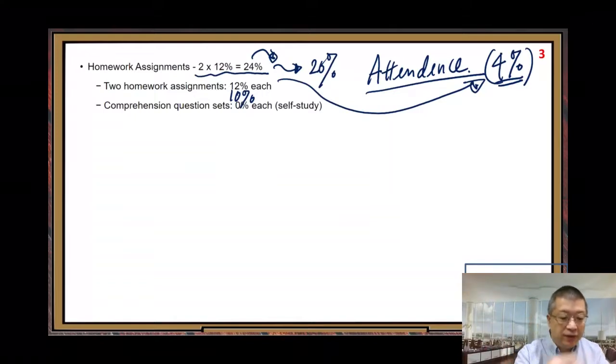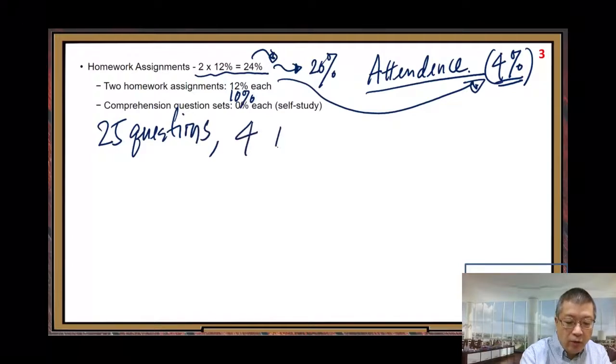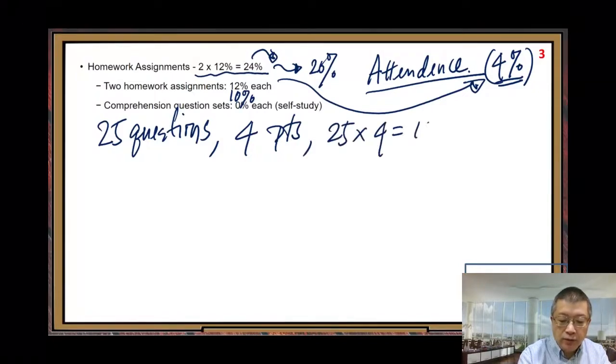Then let me give you the homework information. There are 25 questions in total, each question is 4 points, so the total is 100 points.